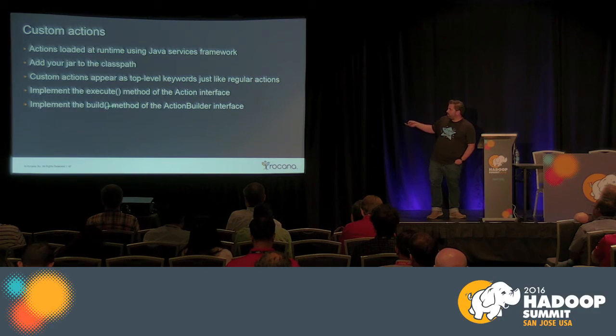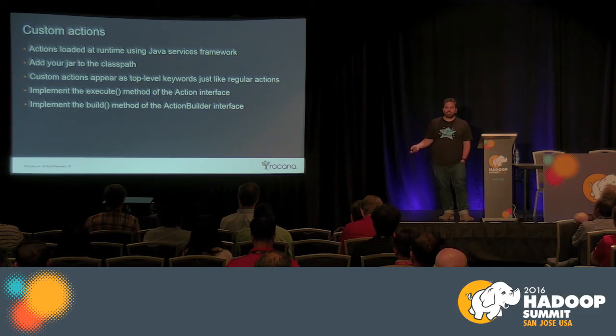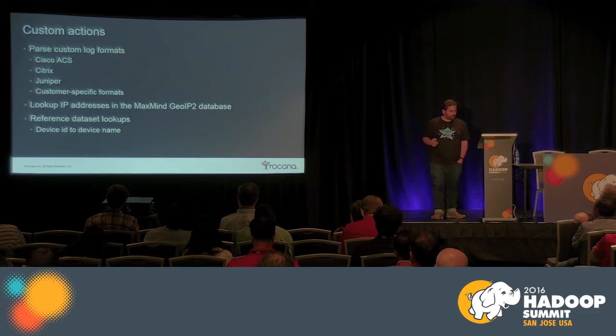The action builder interface is what ends up binding to the configuration language, and we do that with Java annotations. You just annotate the builder set methods with the key that will represent that. And then the build method takes all of those values and creates your actual instance of your action class.